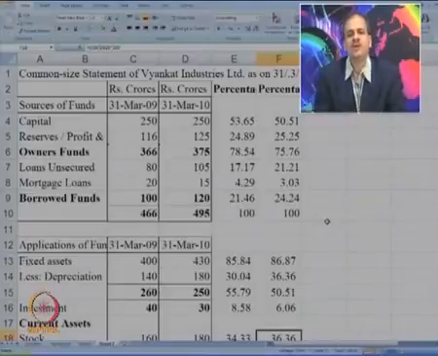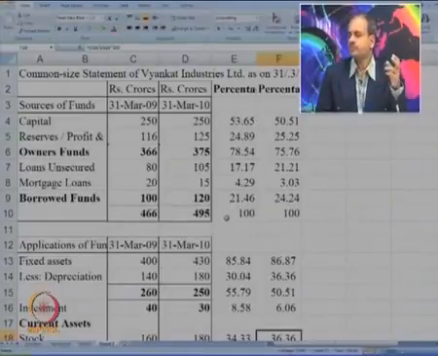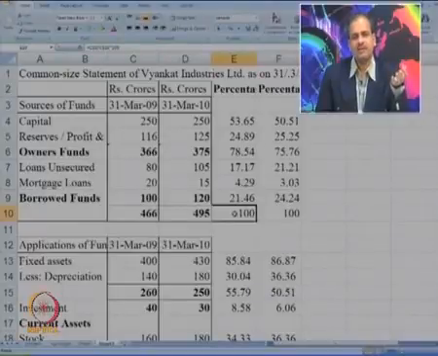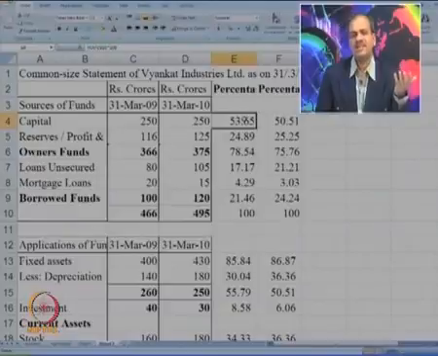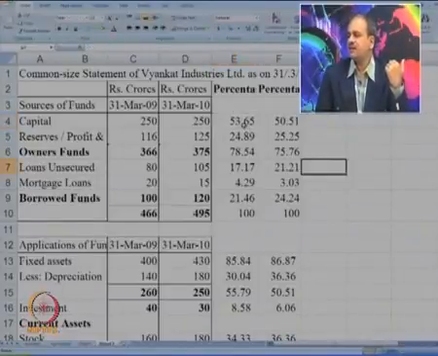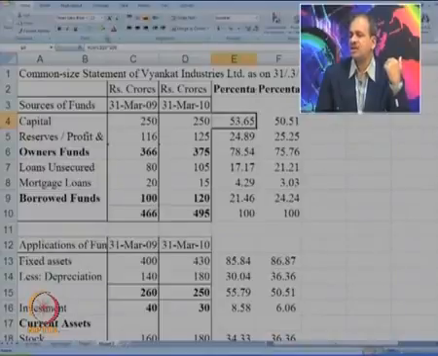Okay. Now, the whole data is ready with you. So, what we have done is, we have taken the total and we have compared each item as a percentage of total. So, you can see that the major contribution in case of this company actually comes from capital.